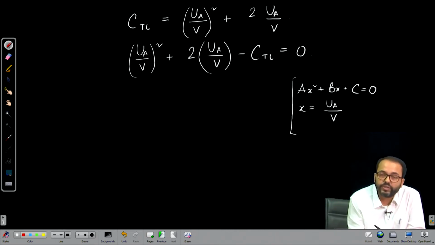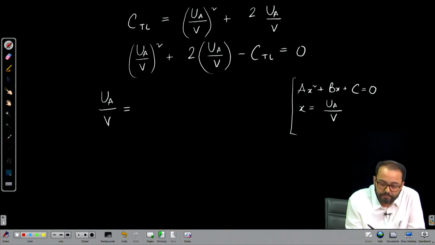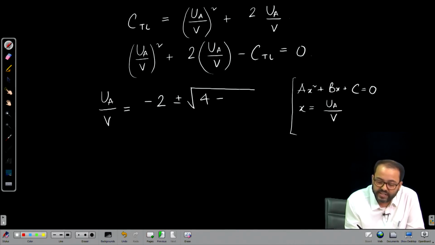So, what we do here is we apply the Sridharacharya method and calculate UA by V as minus B, which is 2, plus minus root over of B square minus 4 AC.